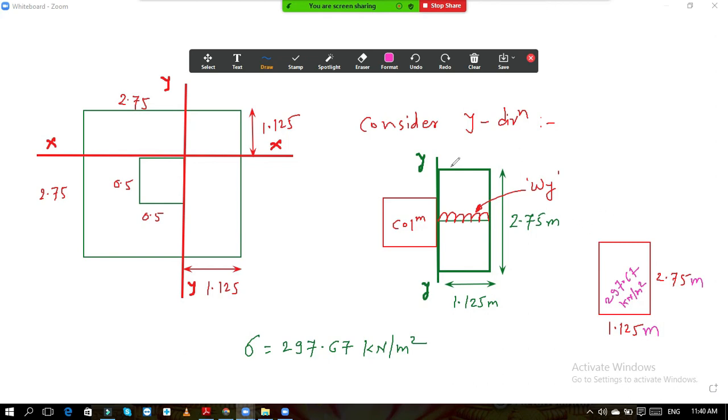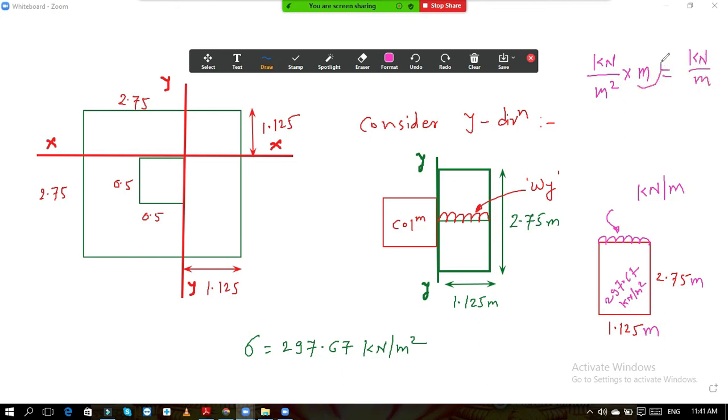So if I want to calculate the UDL on this side, what is the unit of UDL? The unit of UDL is kilonewton per meter. So how do we convert this kilonewton per meter square into kilonewton per meter? Intensity is in kilonewton per meter square. If we multiply this by the meter, then ultimately we will get our answer in kilonewton per meter.